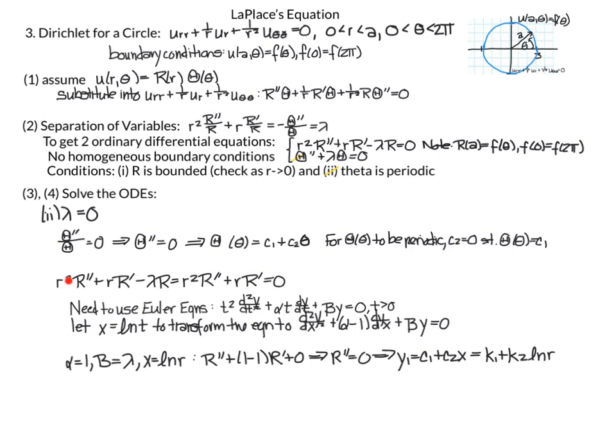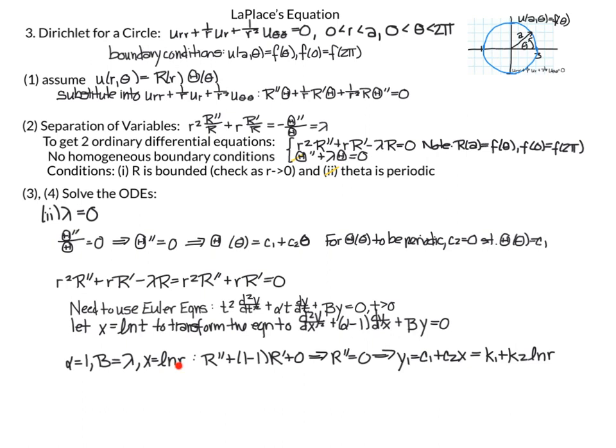We were looking at r squared r double prime plus r prime minus lambda r is equal to 0, and lambda here is equal to 0, so we have r squared r double prime plus r prime equals 0. Using the Euler equations, my alpha is equal to 1, and my beta, why did I say it was equal to lambda? Oh, it's equal to lambda, but lambda is equal to 0.